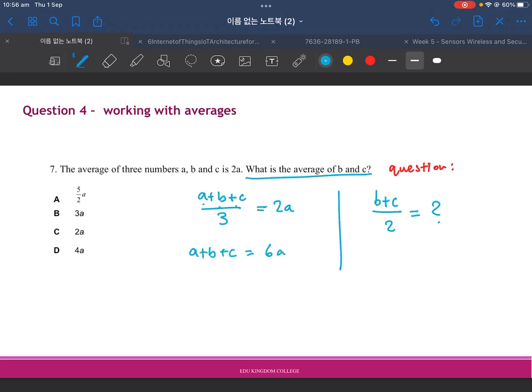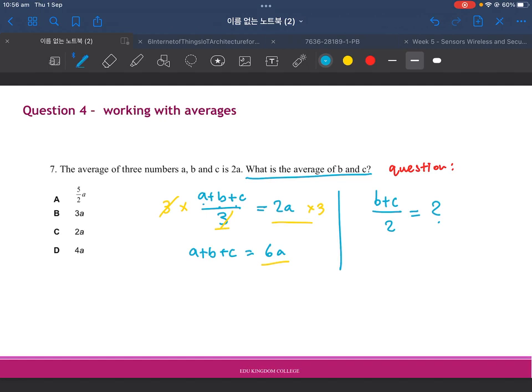How do I do that? Before you panic, all I did was times 3 to both sides to get rid of this denominator 3, okay? So if I times 3, I can cancel these numbers out, and on your right side, it becomes 6A, okay? So A plus B plus C, now we know, is 6A.